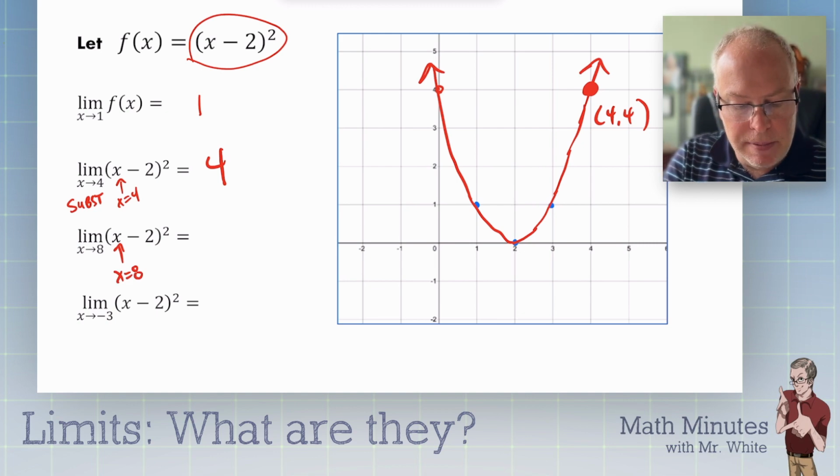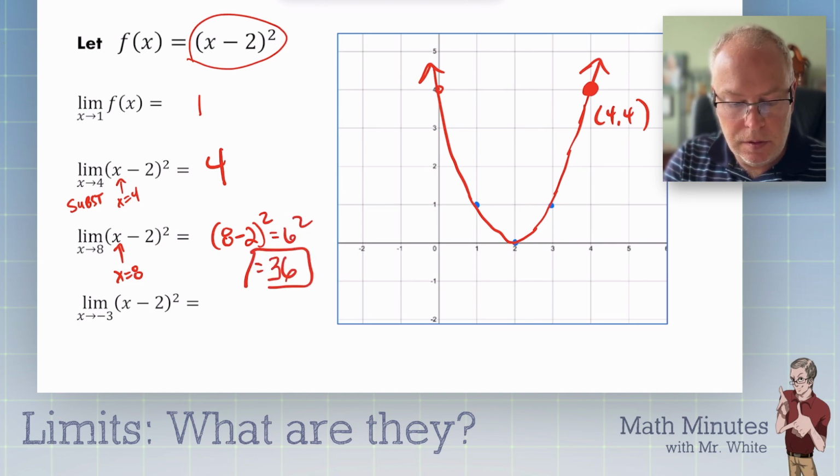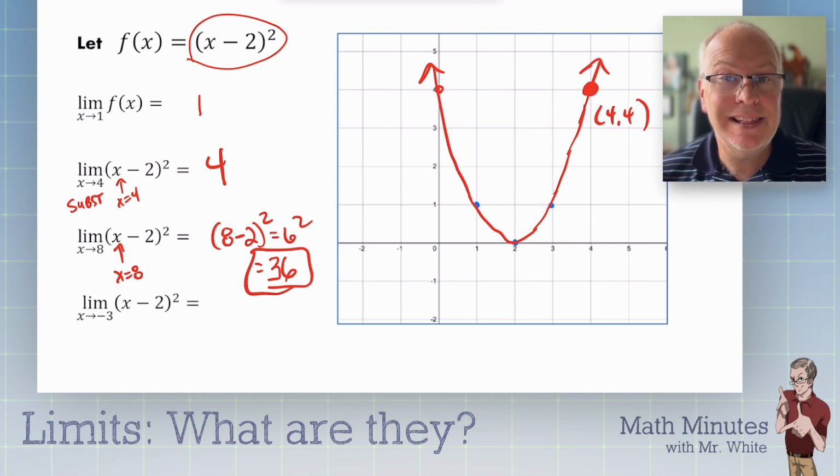So this would end up being the quantity 8 minus 2, the quantity squared. That would be 6 squared, which is 36. So the value of that limit is 36, and we did it by simple substitution.